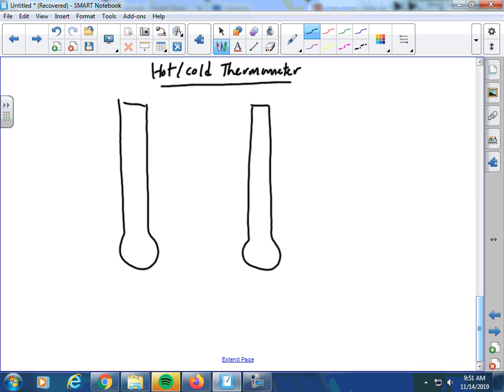And along with that, I'm going to make one of these have a lower level. Maybe I'll make it red here. And one of them have a higher level. So this would be labeling this. We've got to label it. Cold thermometer, and hot thermometer.